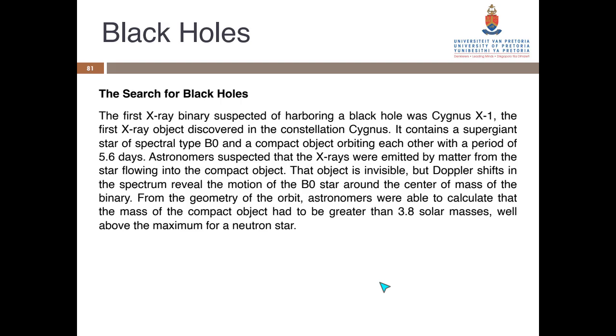That object is invisible, but Doppler shifts in the spectrum reveal the motion of the B0 star around the center of mass of the binary. From the geometry of the orbit, astronomers were able to calculate that the mass of the compact object had to be greater than 3.8 solar masses, well above the maximum for a neutron star.